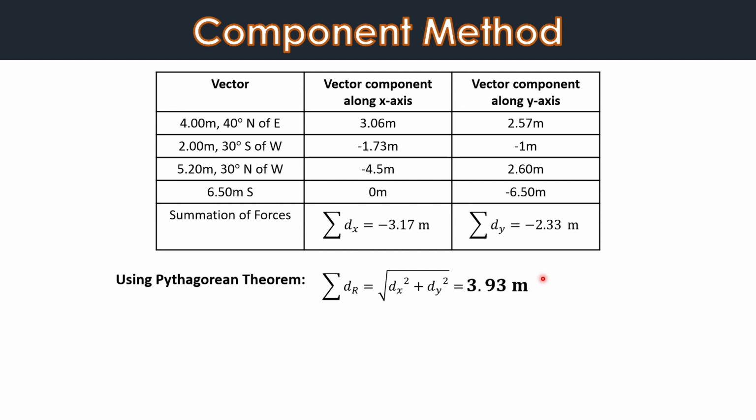Ito na yung mismong resultant displacement natin, part of our resultant displacement, yung parang pinaka-final value niya. However, meron din tayong direction na dapat i-consider since medyo nagkaroon tayo ng mga angles. Okay, and with this concept of the arctangent, so tangent inverse of the absolute value of the ratio between the displacement, dy over dx.